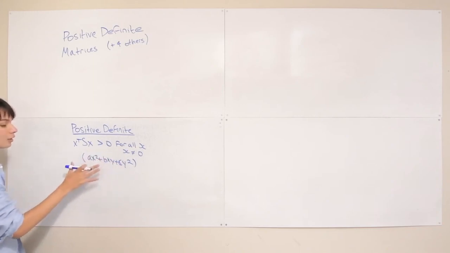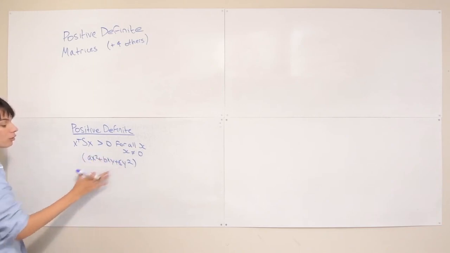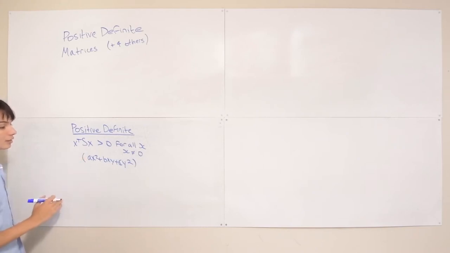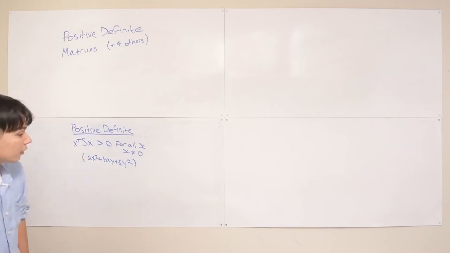You can think of this as the quadratic polynomial of this matrix S. But let's think of things graphically, because that'll help.